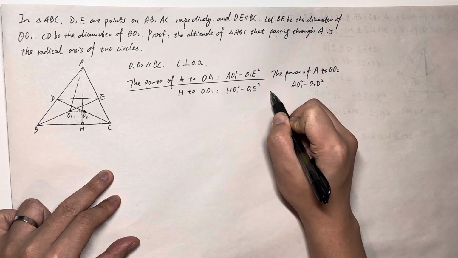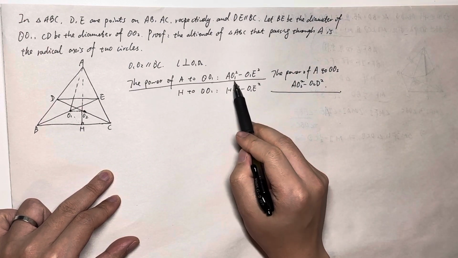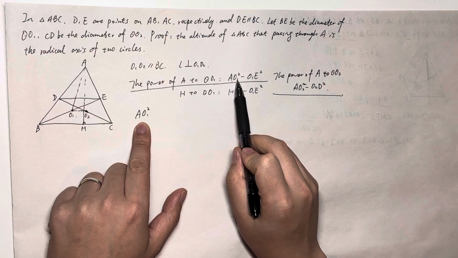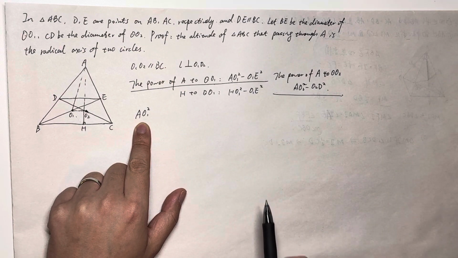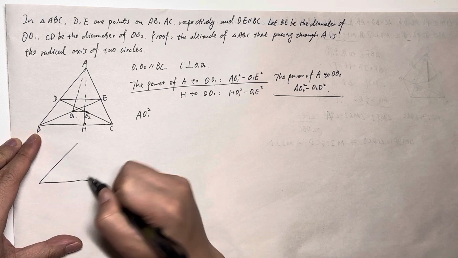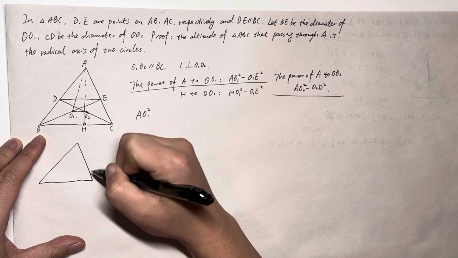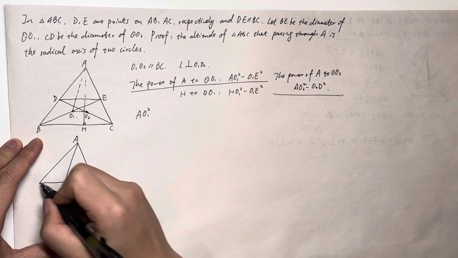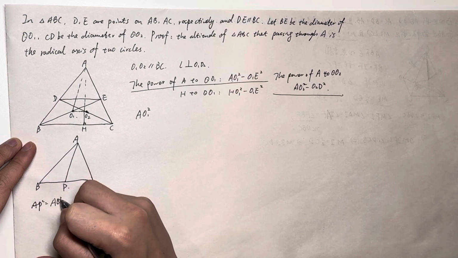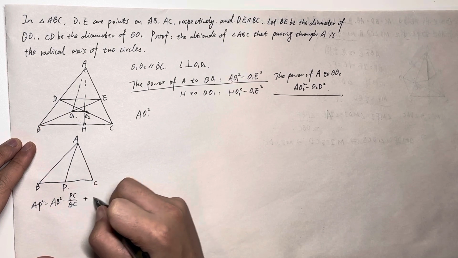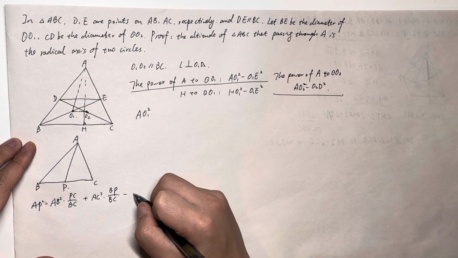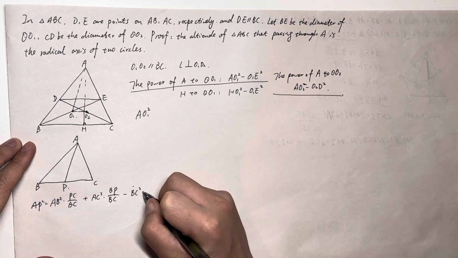We just need to do a calculation. We already got AO1 here. So what is AO1? AO1 squared reminds us of Stewart's theorem. If you don't remember Stewart's theorem, I'll write it here. It's really a powerful theorem. For A, B, C, P, we know that AP squared equals AB squared times PC over BC plus AC squared times BP over BC minus BP times PC.